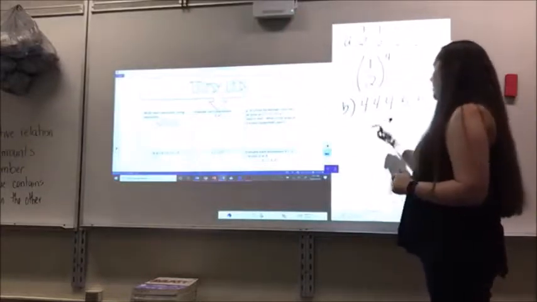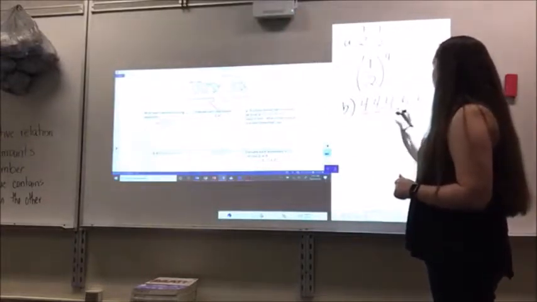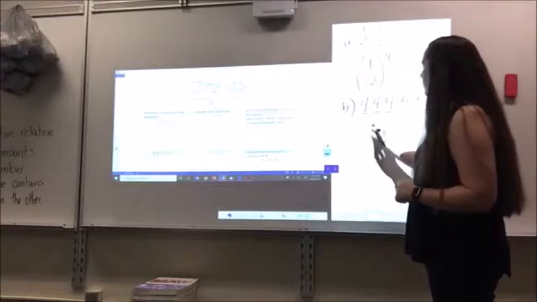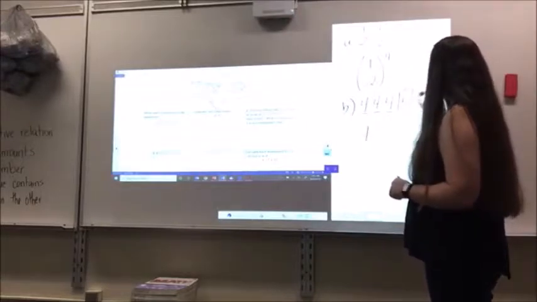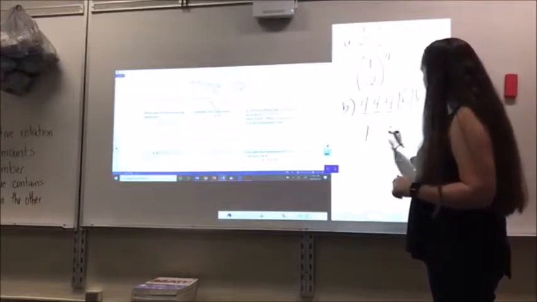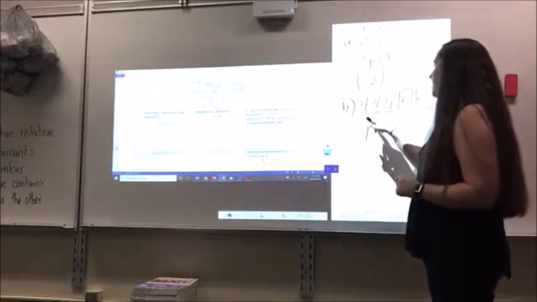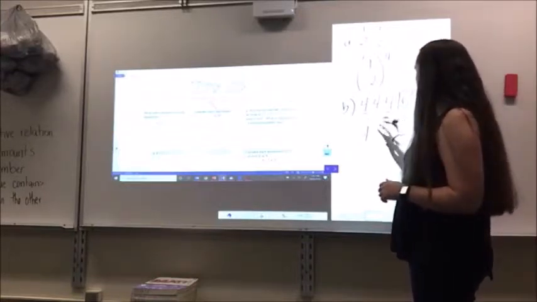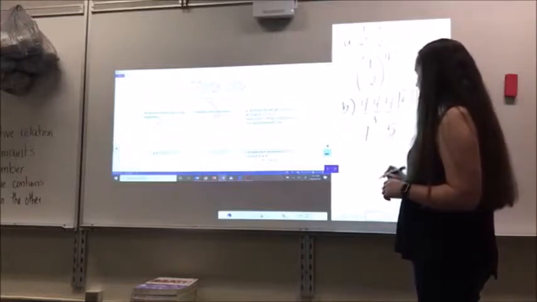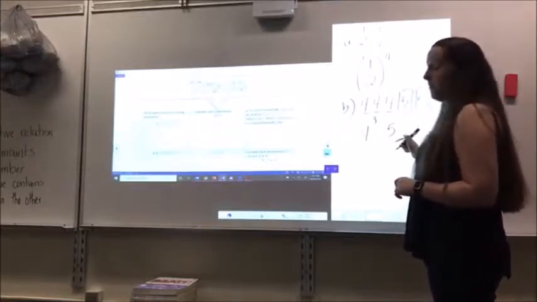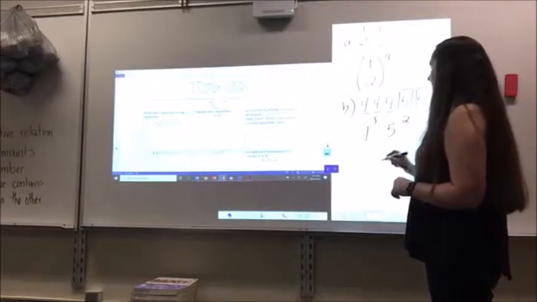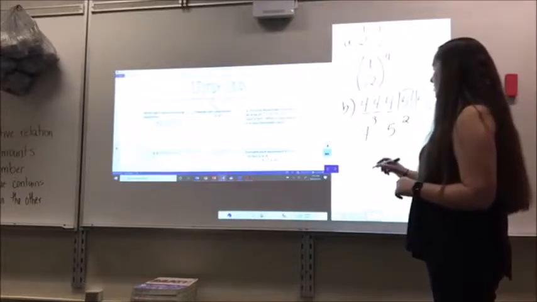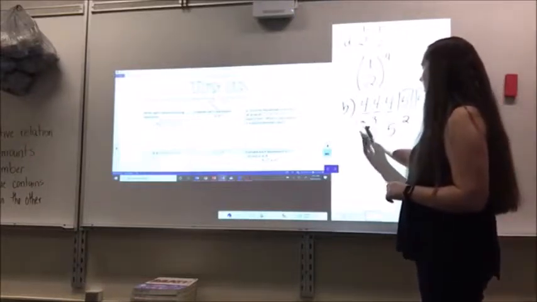So I have 3 4s, so that's one of my bases, and I have 2 5s. That's another one of my bases. So the factor of 4 has 3 of them, so that's my exponent, and there's 2 factors of 5. So my final answer will read 4 cubed times 5 squared.